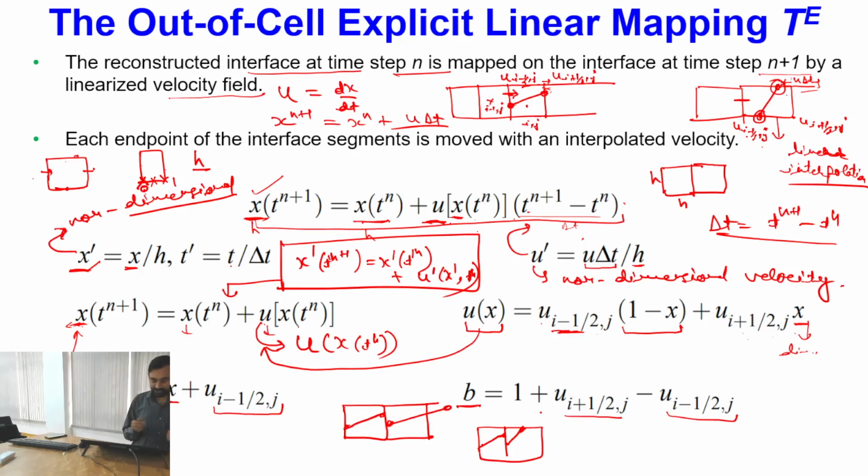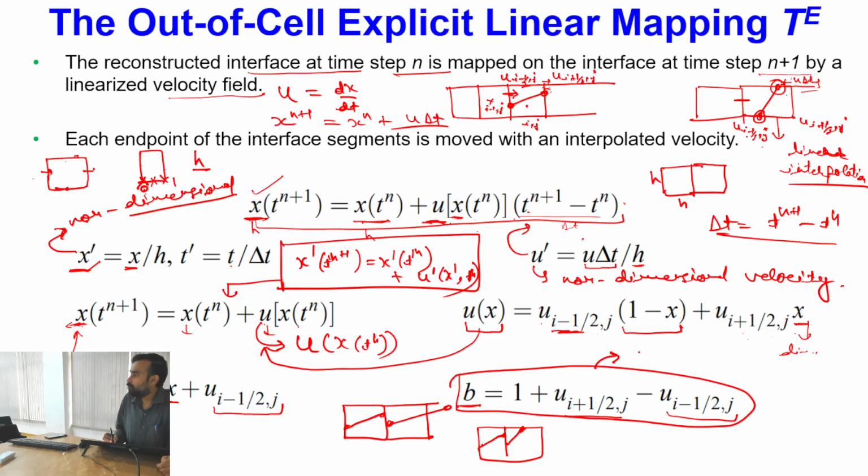So this factor b is the multiplying factor which controls by how much the control volume, or the area of the reference phase, will be expanding or contracting. Are all clear with this point or not?